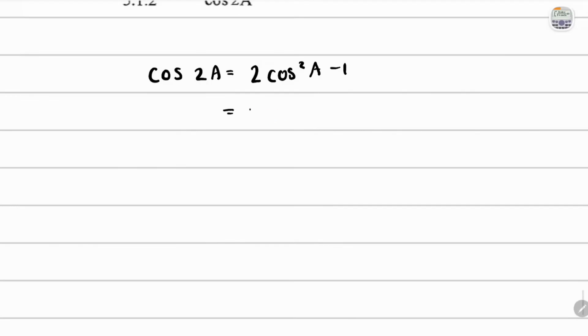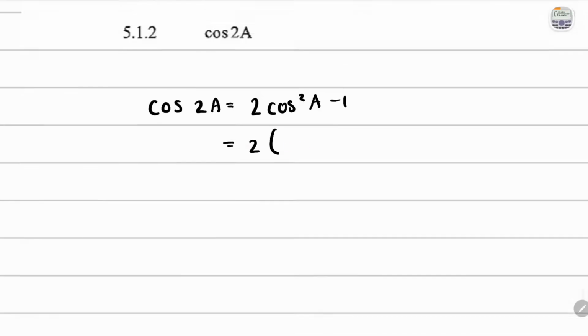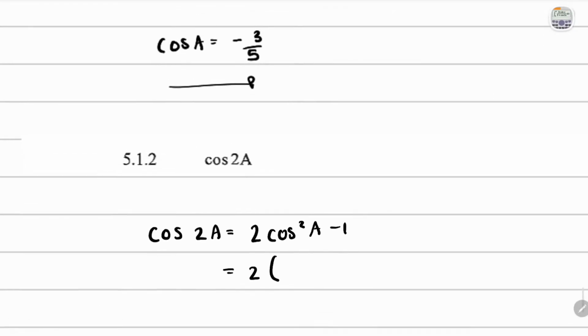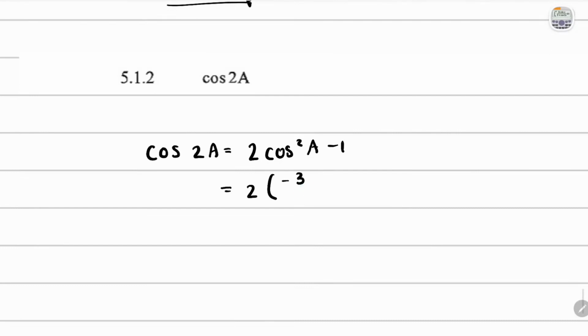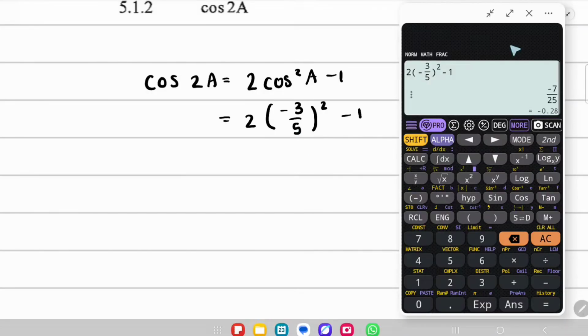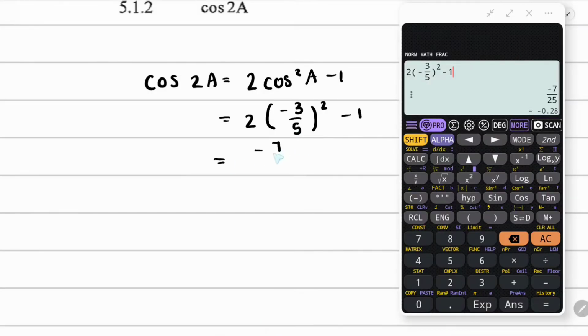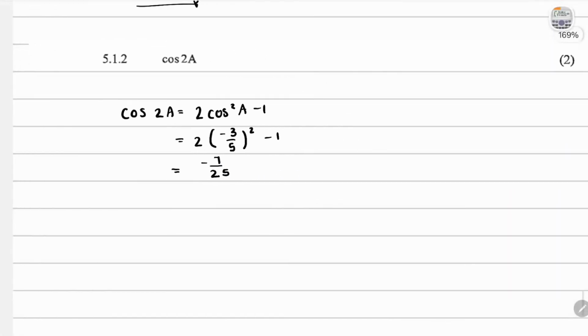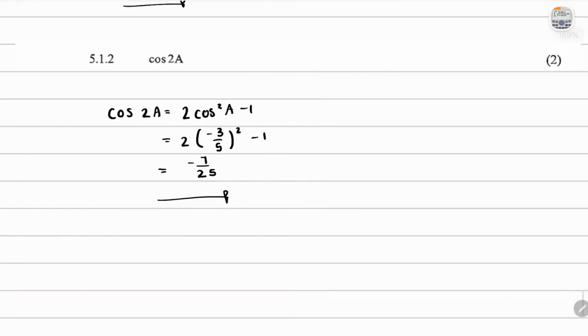So cos 2A equals 2 times (-3 over 5) all squared, minus 1. Let's find the value of that, and that is equal to -7 over 25. That is the answer for 5.1.2.